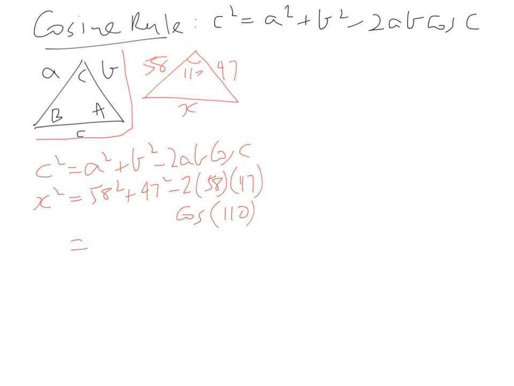So let's see, get my calculator: 58 squared plus 47 squared, we end up with 7782.